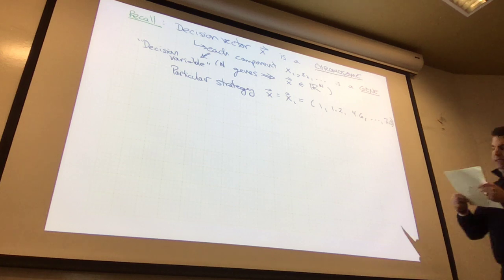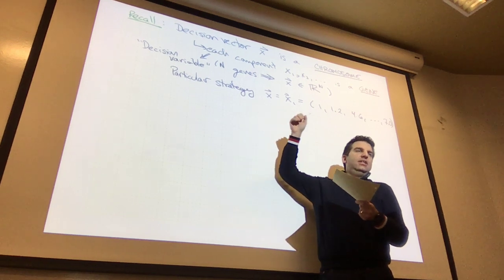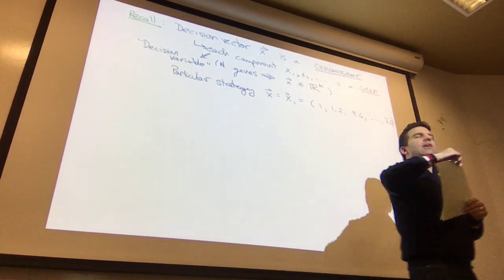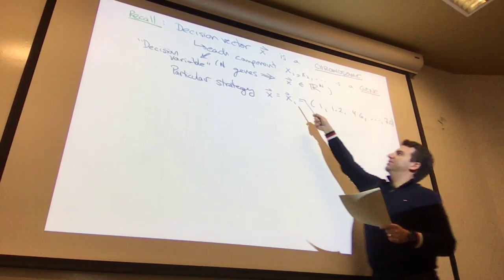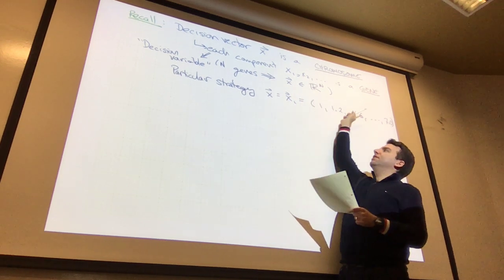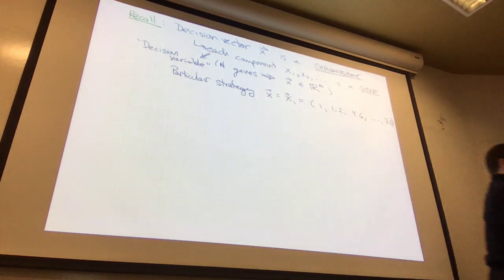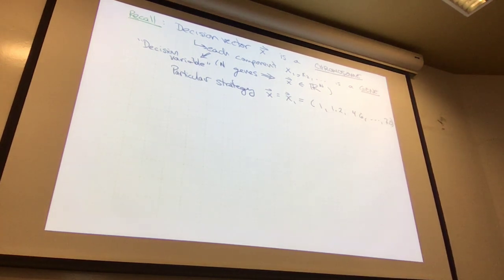And so what is the name we use for a particular strategy, a candidate strategy? So if the decision vector is a chromosome, and if positions along the chromosomes are genes, genotype. Yeah. Okay, good. So this is the genotype of a particular individual.